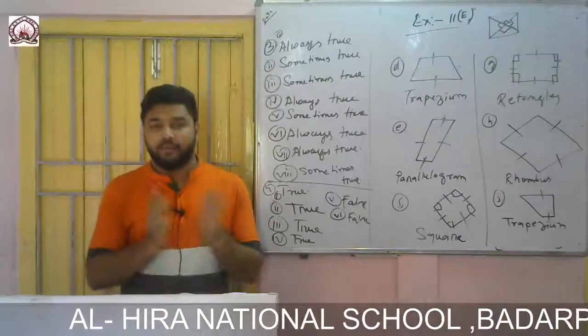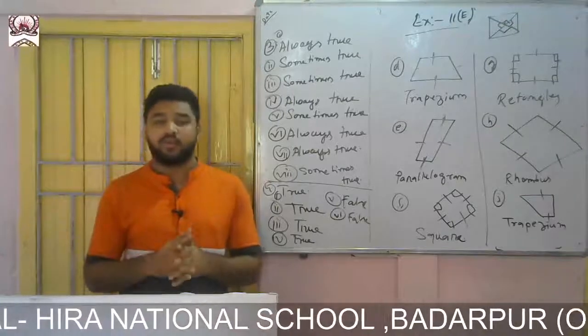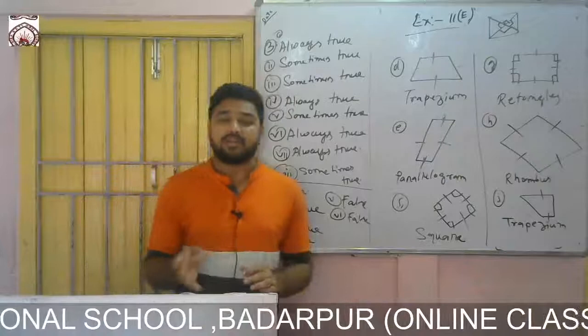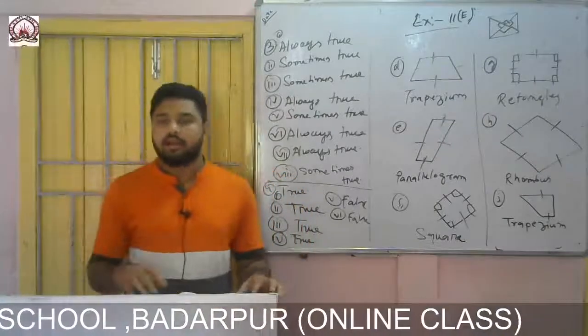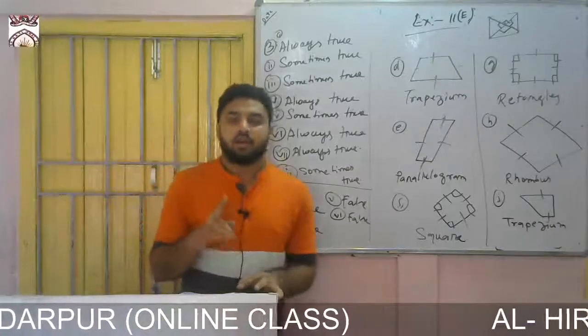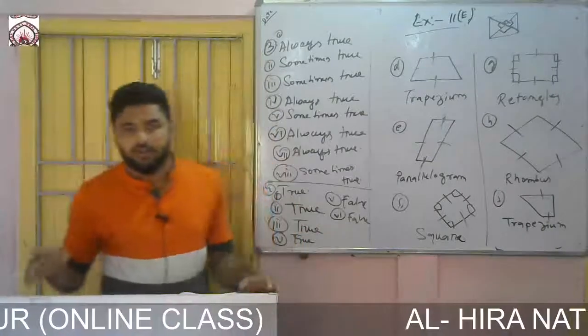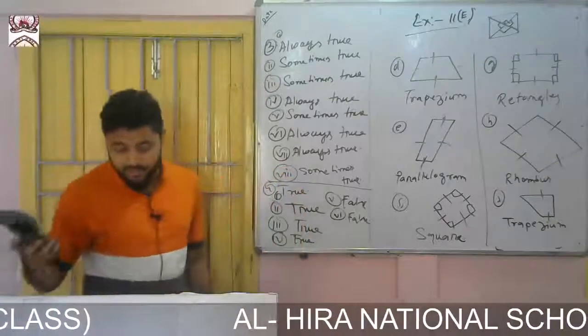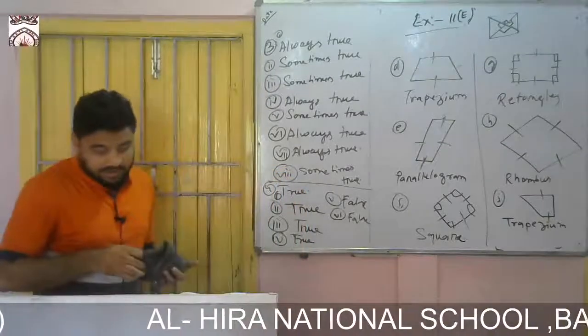In a square there are 4 sides, and in a rectangle there are 4 sides. In a square, the opposite sides are parallel to each other. In a rectangle, the opposite sides are parallel to each other. In a rectangle, all the angles are 90 degrees, and in a square, all the angles are 90 degrees. So you can say it's a special type of rectangle. So right.